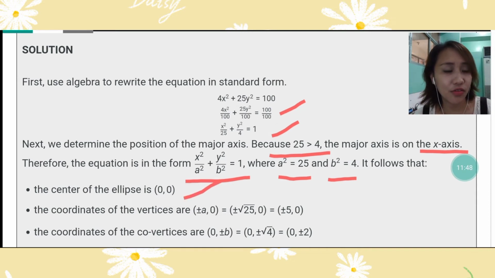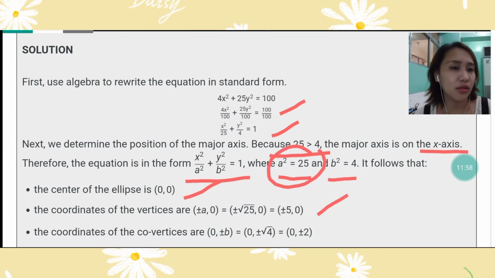The coordinates of the vertices, the endpoints of the major axis, that's the square root of a squared, which we know is 25. So the square root of that is 5. So that's 5 units to the right, then 5 units to the left.